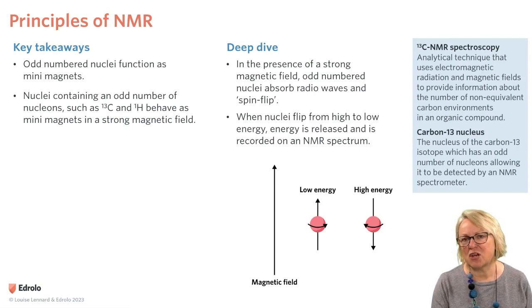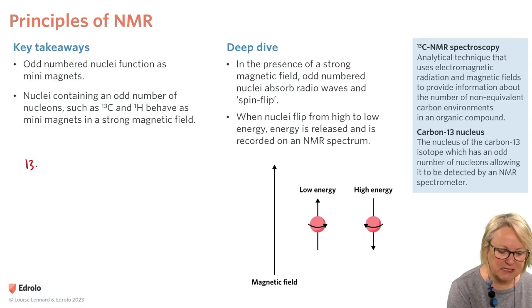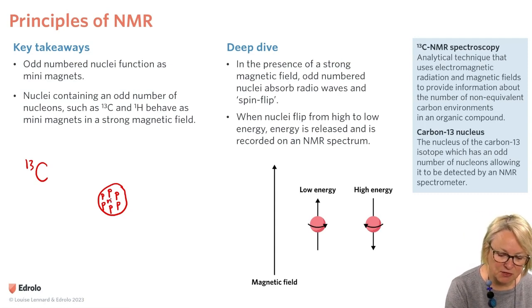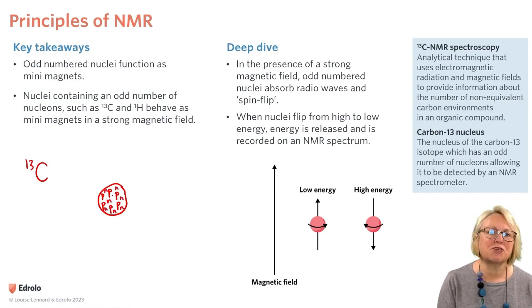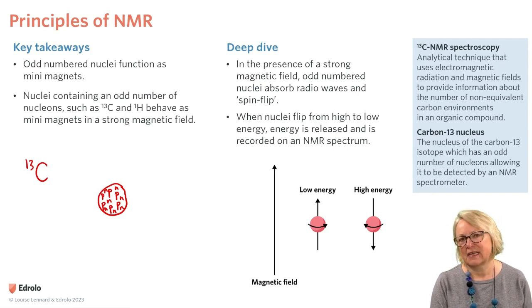Okay, so let's look at some principles of NMR to begin with. If we have an odd numbered nucleus, then it's going to act as a mini magnet. And for an example, let's look at a 13-carbon nucleus. It's got 6 protons, and if it was 13 carbon, it would have 7 neutrons, giving a total of 13 particles in the nucleus or nucleons. If you have an odd-numbered nucleus, then it can act as a mini magnet.